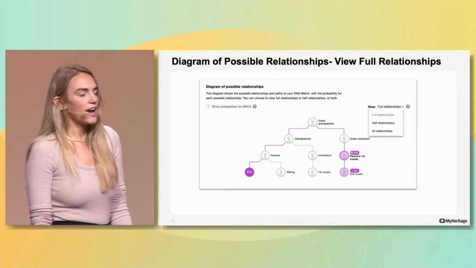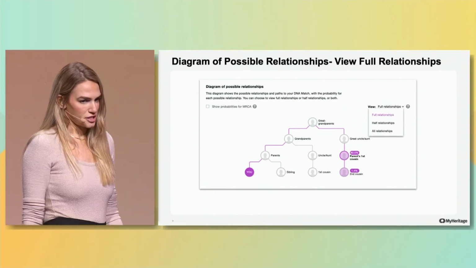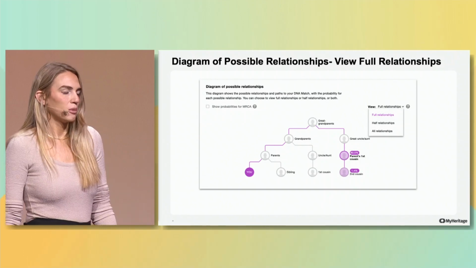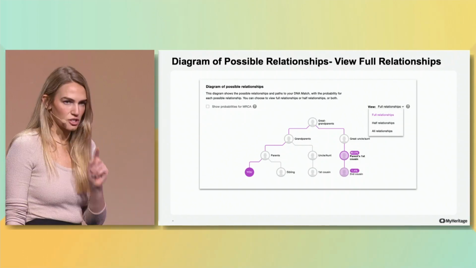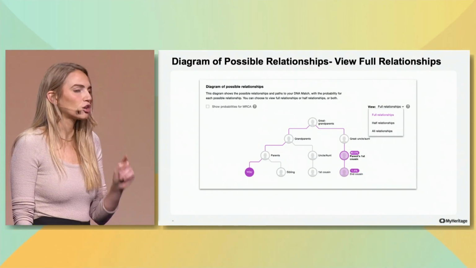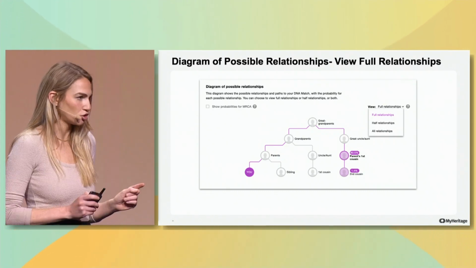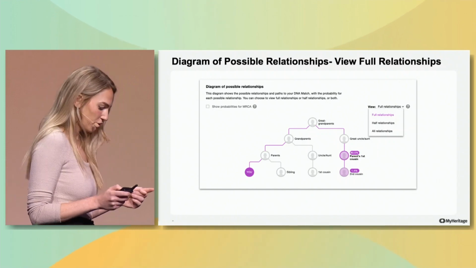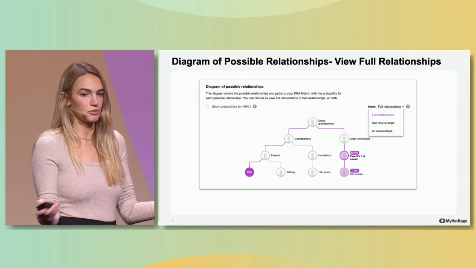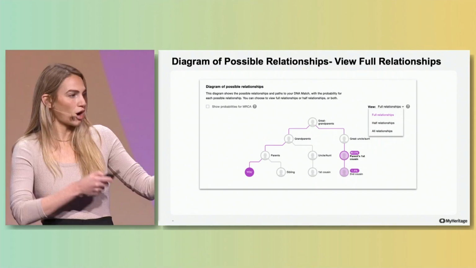Now, the diagram, you can actually see, it only shows the full relationship. But it's here to help you focus on your research question. In some cases, you already know if you're looking for a full relationship or a half relationship. You already know if there was a second marriage, for example, in the family, in one of the ancestors, and you need to look for full or half.